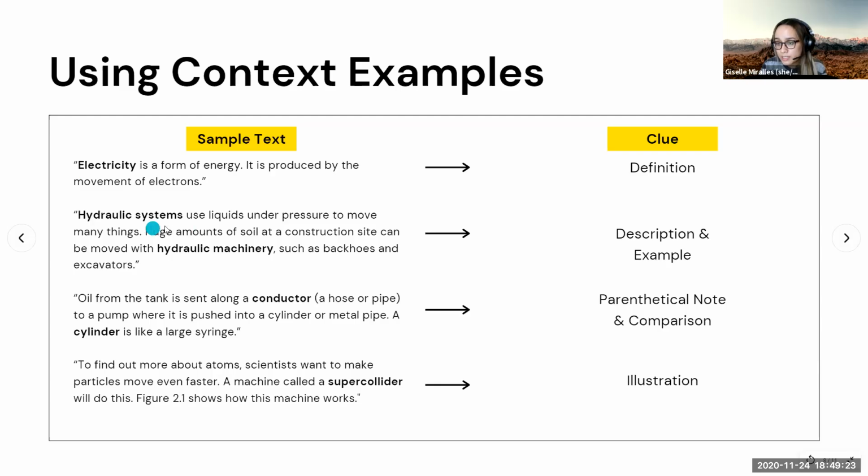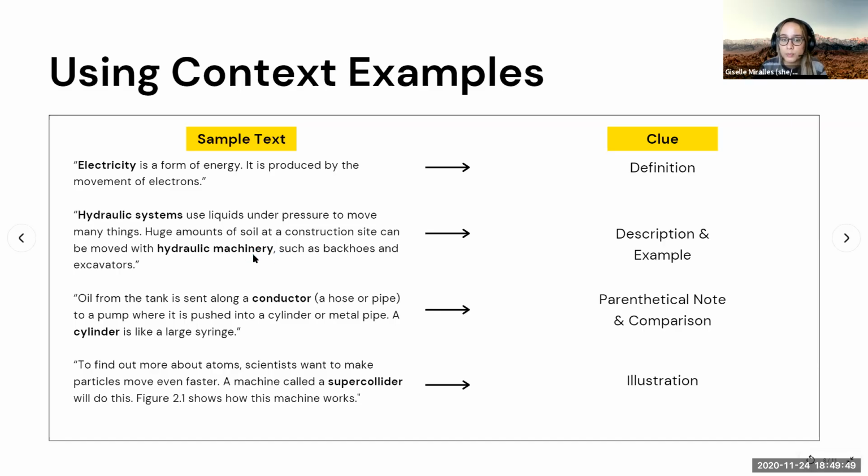So, hydraulic systems use liquids under pressure to move many things. While I might not know what a hydraulic system is, I know it's something that uses liquids and pressure to move things, right? So that would be a description since it's not a direct definition, but the context clue here is description, which helps me understand the word hydraulic systems a bit more.